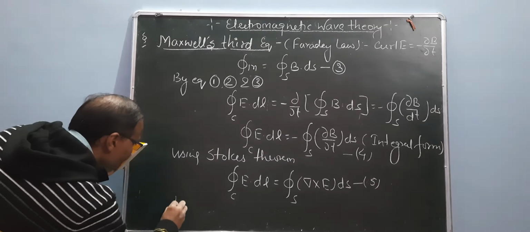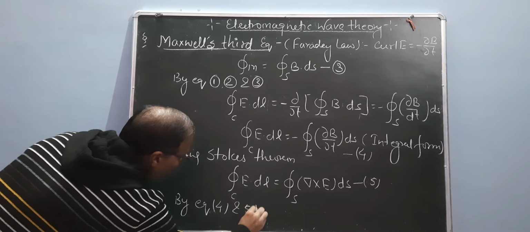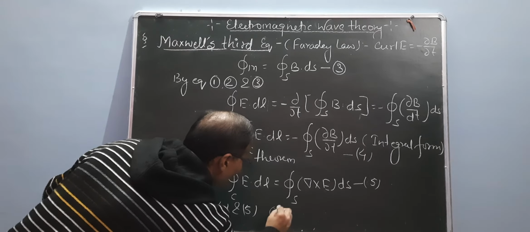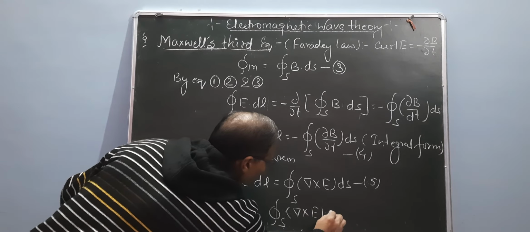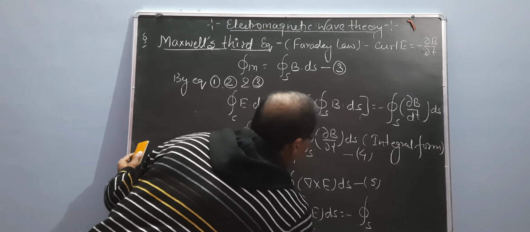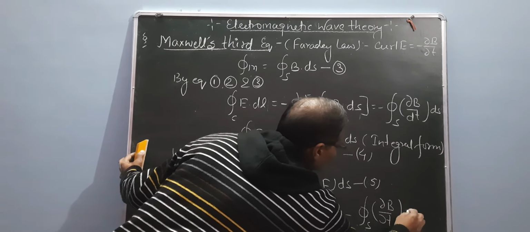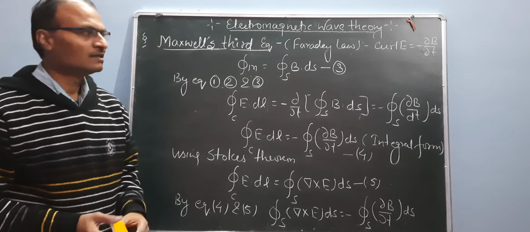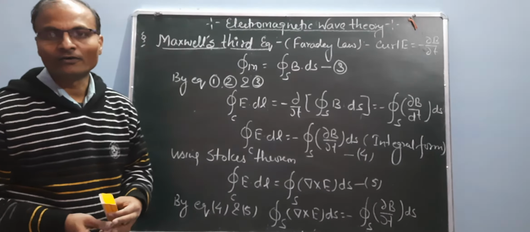By equations 4 and 5, we apply the E dl. Now closed surface S del cross E ds equal to minus closed surface S dB upon dt into ds. If you see this equation, it moves to the differential form of Faraday law.